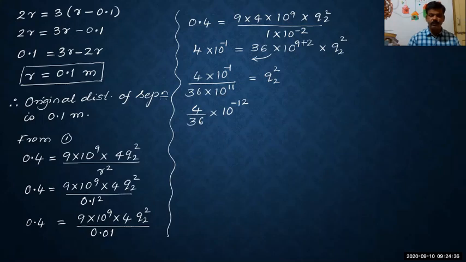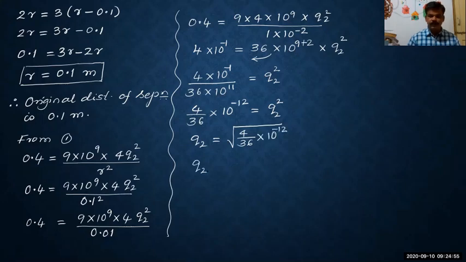As minus 11 goes to numerator, it becomes minus 12. Now you remove this square, then square root will come on the LHS. Therefore, Q2 is equal to square root of 4 divided by 36 into 10 raised to minus 12.